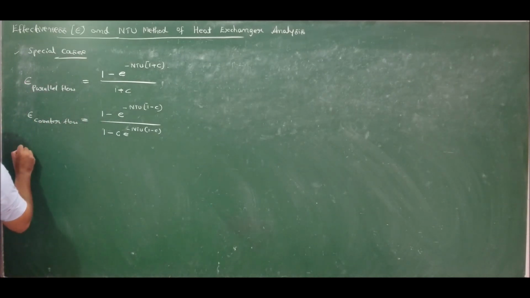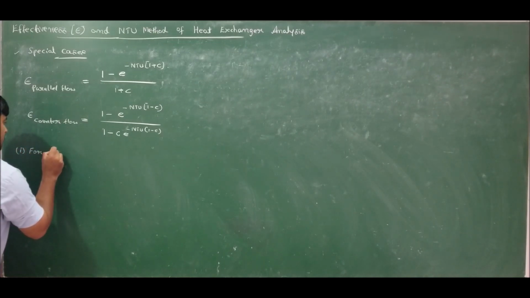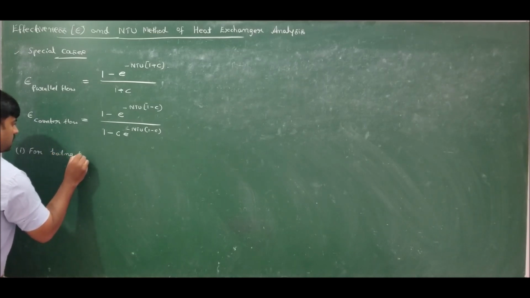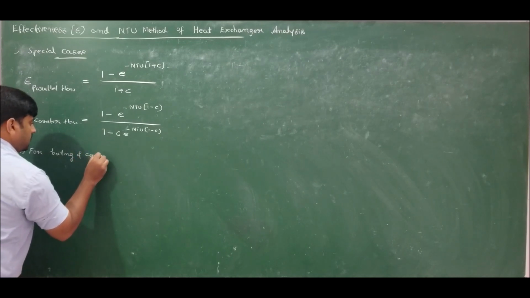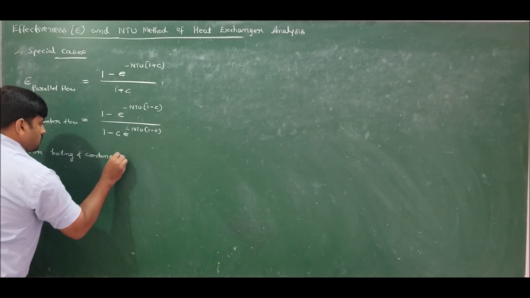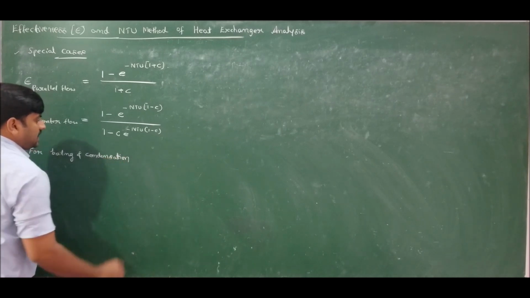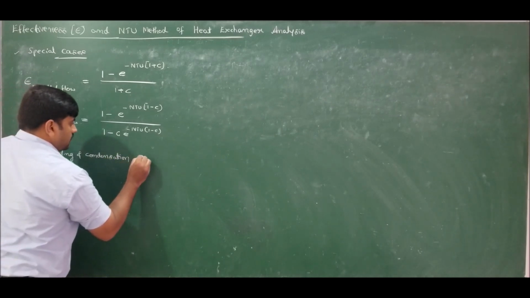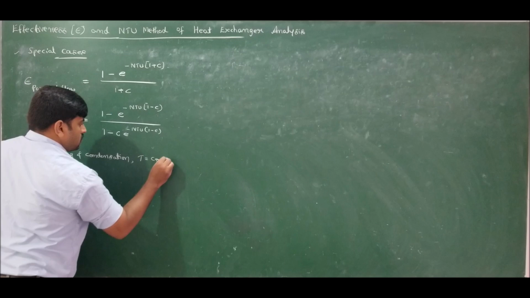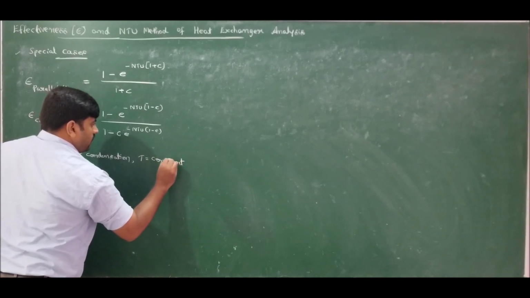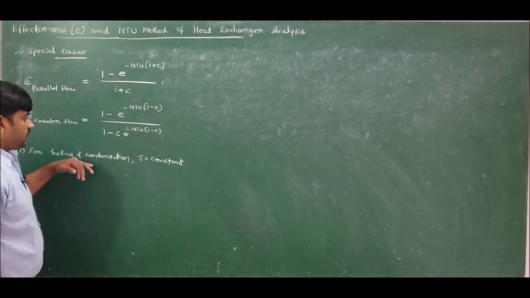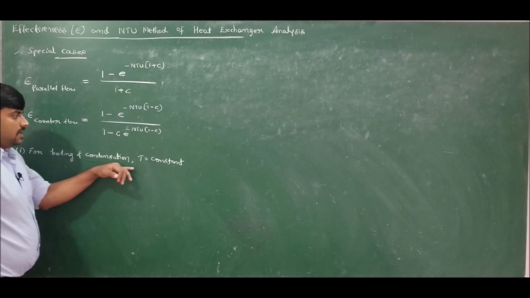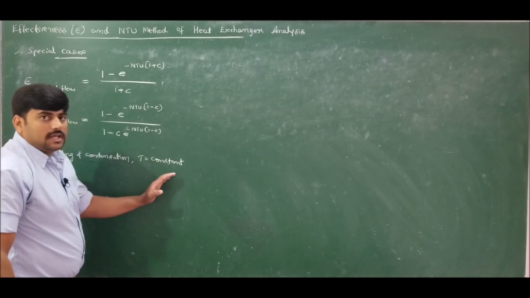Now in case 1, for flow boiling and flow condensation, that is boiling and condensation heat transfer, temperature is constant, right? That is in case of evaporators, flow boiling. In case of condensers, flow condensation, temperature is constant, only phase will change.